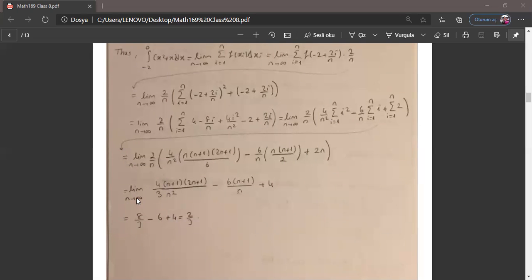Now when n is approaching infinity, you know how to compute the limit. We see each of the fractions has a limit, so we separate them and get the values for the limit and have this sum, 2 over 3. So you can stop the video and read again the computations, okay?